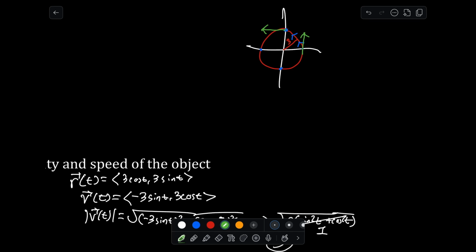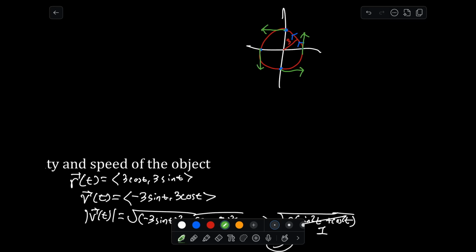And pi, it's going to go 0 in the x, but negative 3 in the y. So like that. And then 3 pi over 2, it's going to go negative 3 sine 3 pi over 2, which is going to be 3 to the right, and then 0 up, so like this.